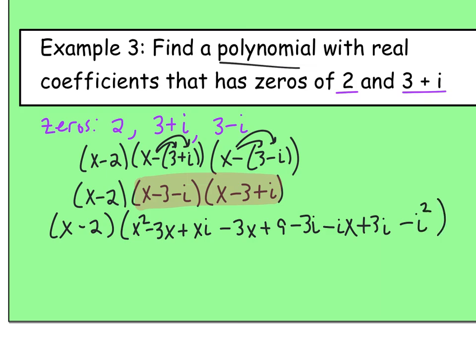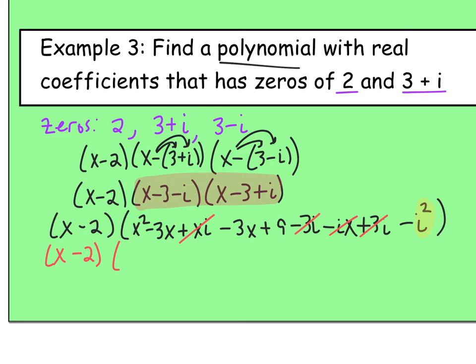Okay, so let's clean that one up a little bit. I'm just going to leave this x minus 2 alone for right now. If we start combining some terms, I see a plus xi minus xi, a minus 3i plus 3i. So that'll usually happen. All those i's are going to cancel out, meaning you probably have an i squared in there, but we know from before i squared is just negative 1.